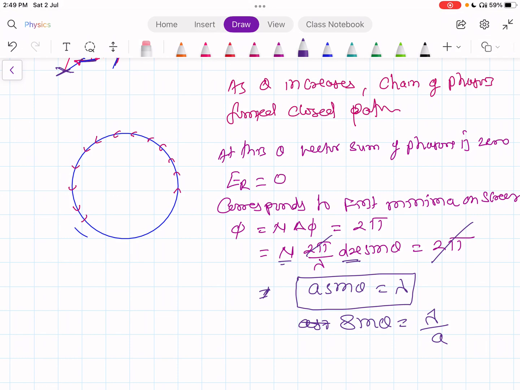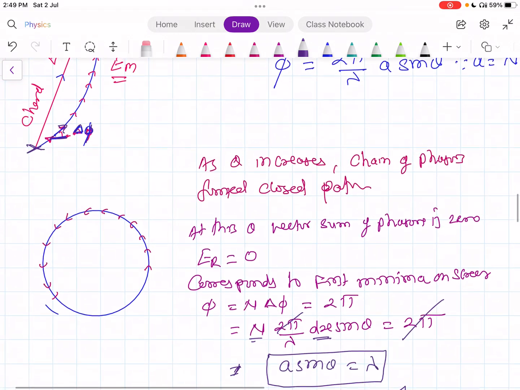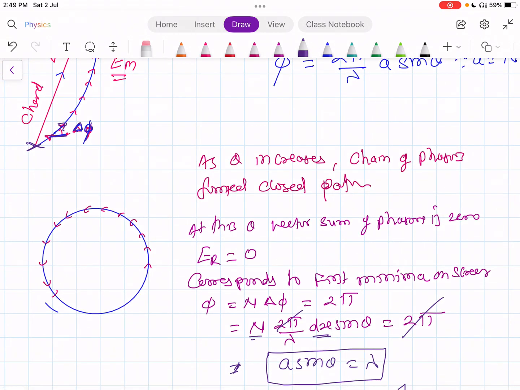And these things go on repeating, just like the spring in the watch. If you tighten it, you get the first circle, second circle, and third circle, like that. So the first circle means the first minima. If you tighten these phasors further, there will be a second layer like this.